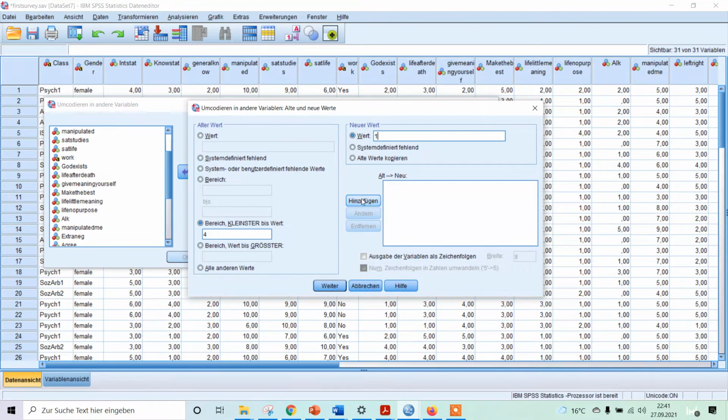So we need to add that. Then our value from 7 up to the highest value should be our 3. That is our right ones. And then all other values should be the 2. These are those in the center.